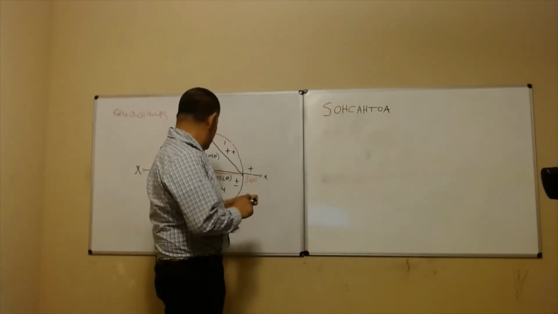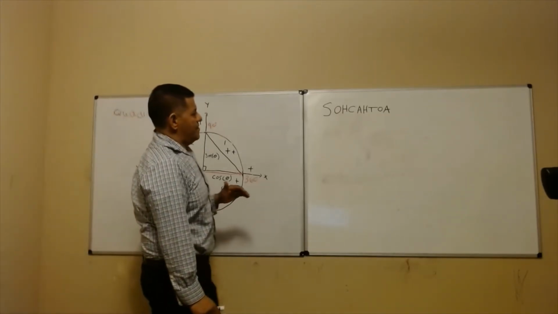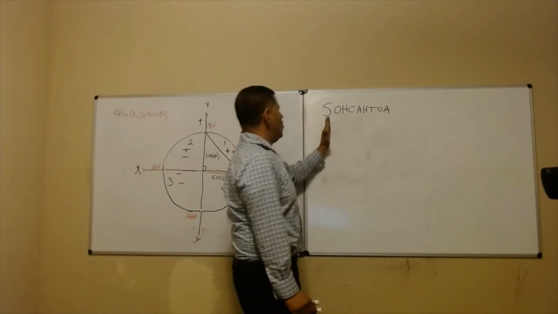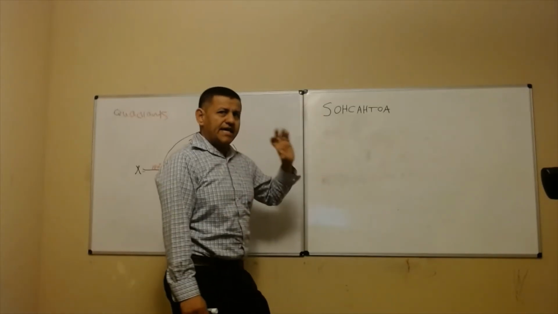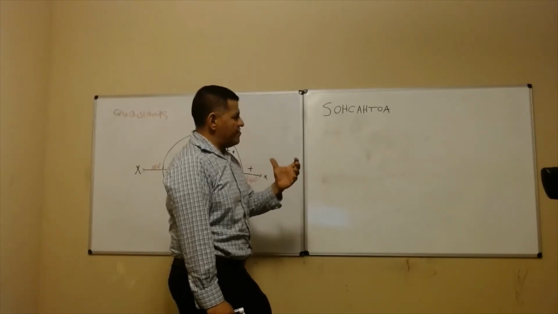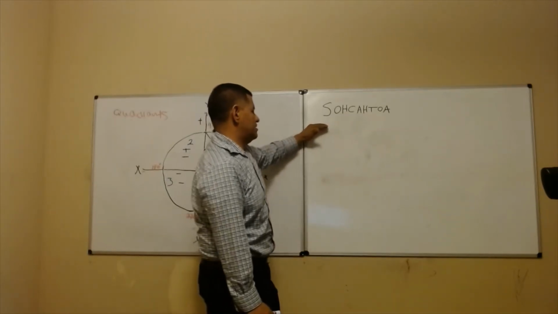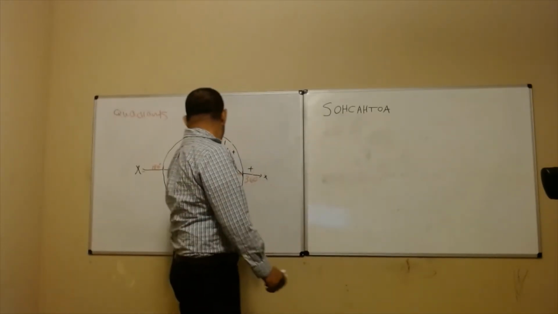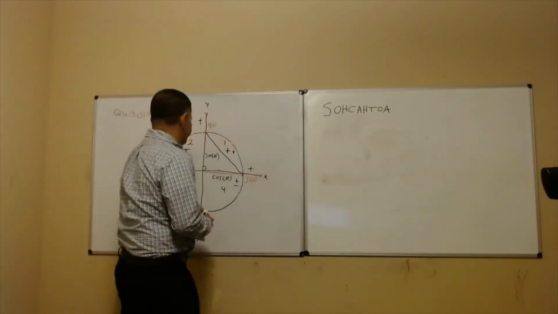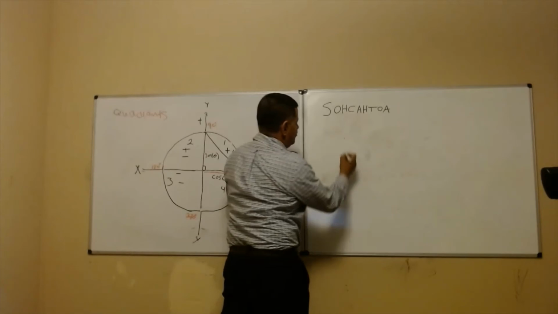What SOHCAHTOA does is tell us what each function does, in terms of the ratio of values in terms of the angle. Let me use the same angle and do it here so you can understand better. Let's do a triangle.